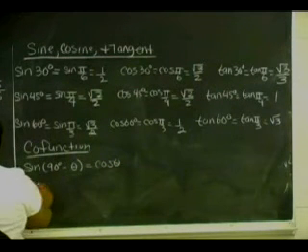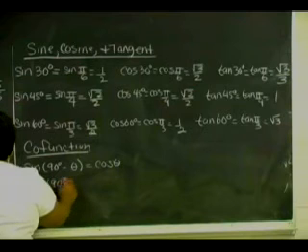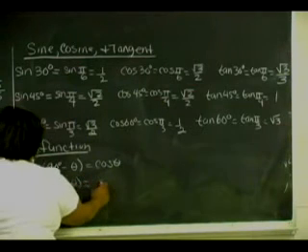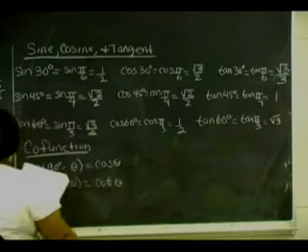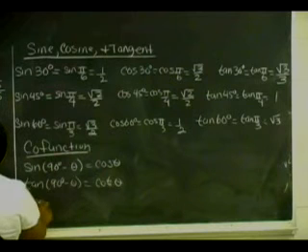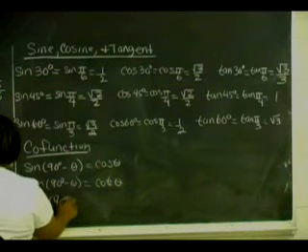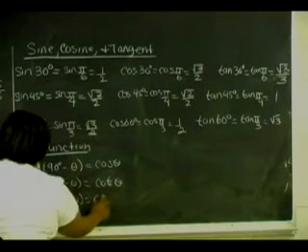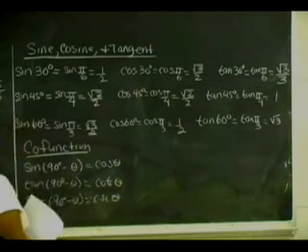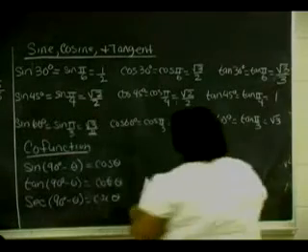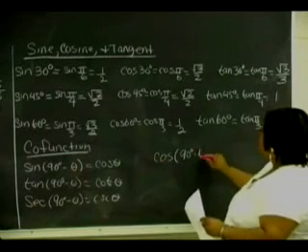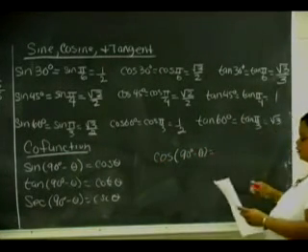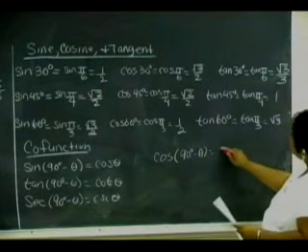Tangent of 90 degrees minus theta equals cotangent theta. Secant of 90 degrees minus theta equals cosecant theta. Cosine of 90 degrees minus theta equals sine theta.